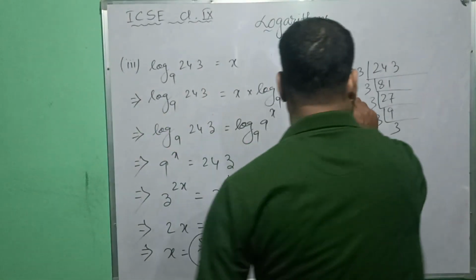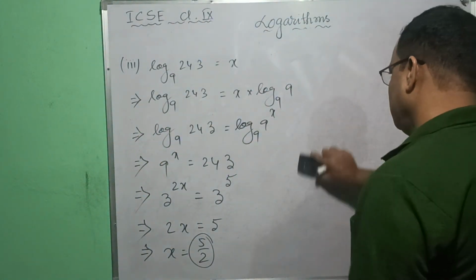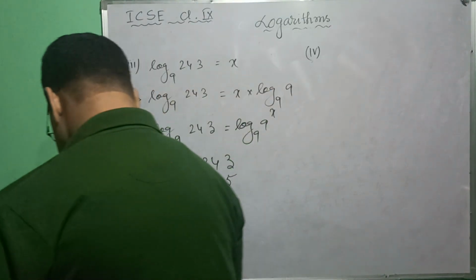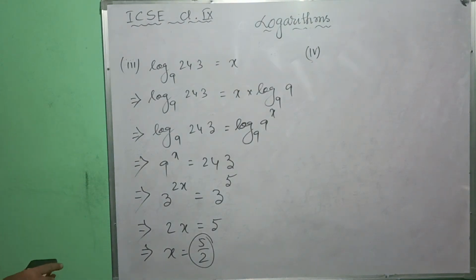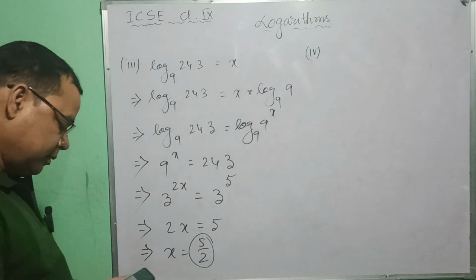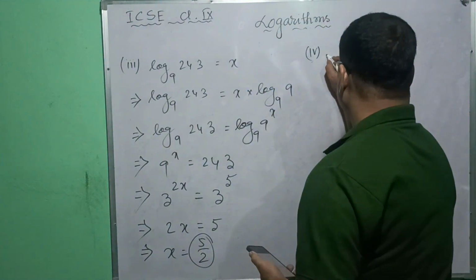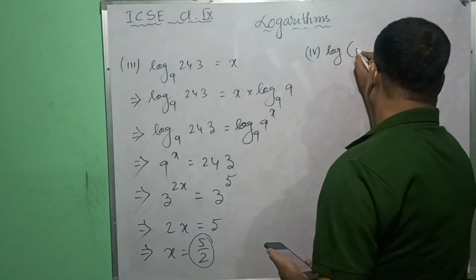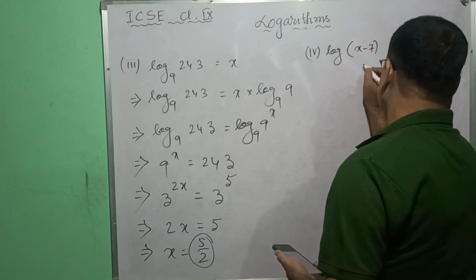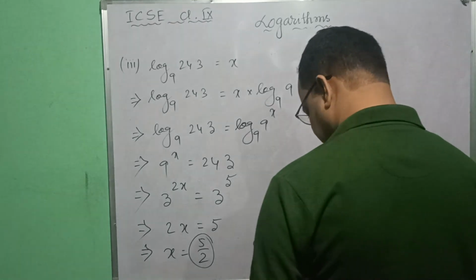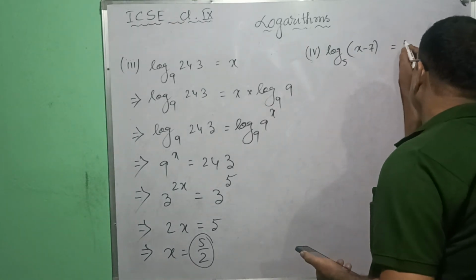Now we'll solve Roman 4. In Roman 4 it is given log x minus 7 at base 5 equal to 1.